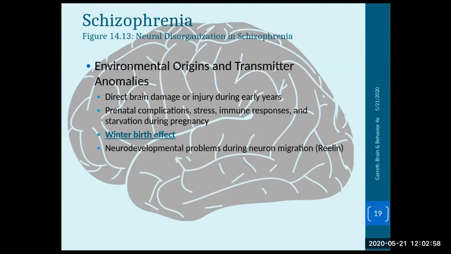We also see, in addition to the winter birth effect, some of these neurodevelopmental problems during neuron migration. So there is a hormone or a chemical in the brain called reelin, which is helping migrate these neurons to where they're supposed to be.